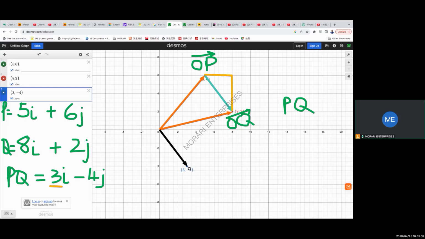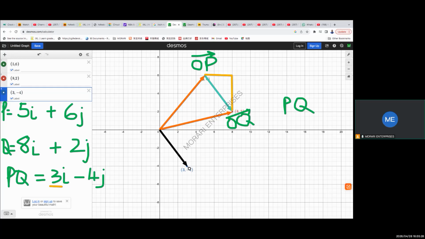Now, how do you do the difference? The difference is done like this. Let me show you how you do difference. The way your teachers taught you, if you have a vector like this, the difference is like this.